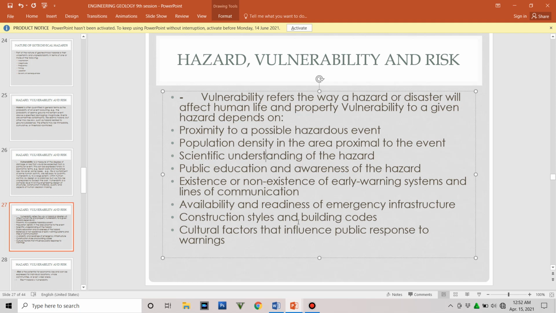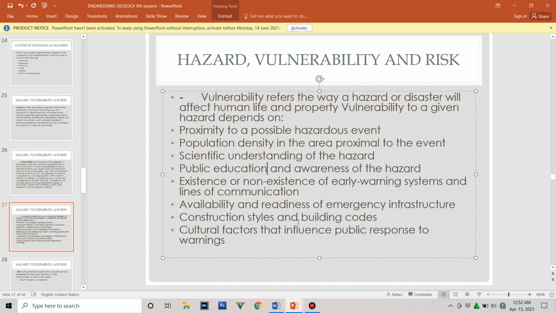And then the population density in the area proximal to the event. Of course, it refers to the number. So kung walang tao dun malapit sa Taal volcano, then walang vulnerability. And then the scientific understanding of the hazards.